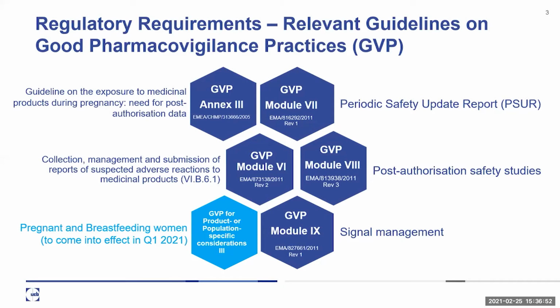And for sure, we have the Annex 3, so GVP Annex 3, which is really addressing the need for post-authorization data related to pregnancy. So the module 7 is addressing the need to present our data in the periodic safety update reports. So those are the reports that we need to develop and produce on a regular basis.